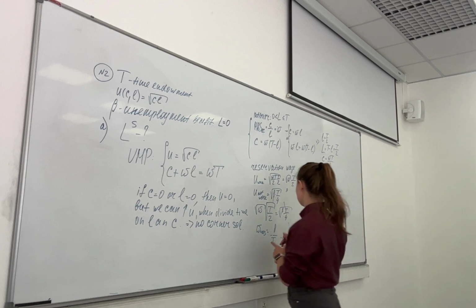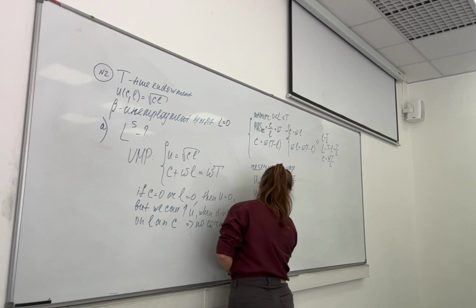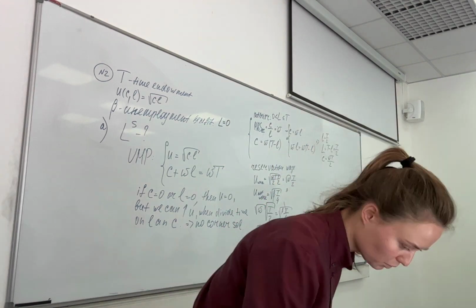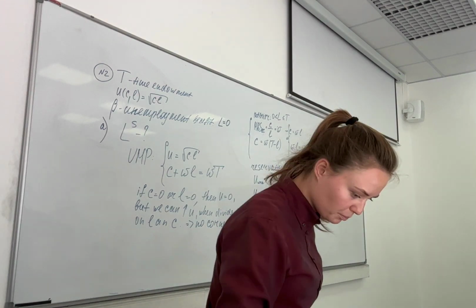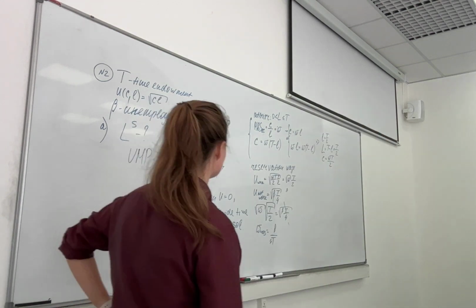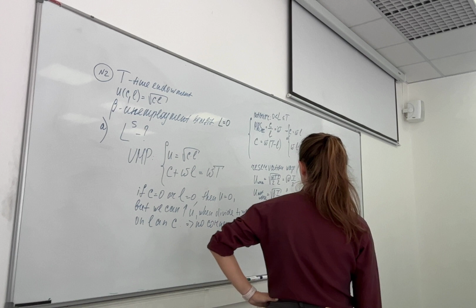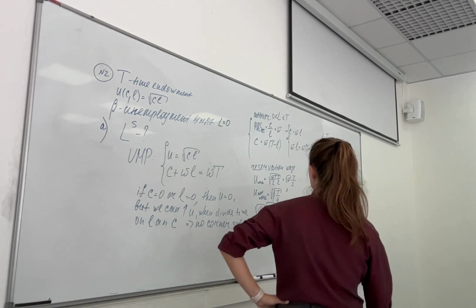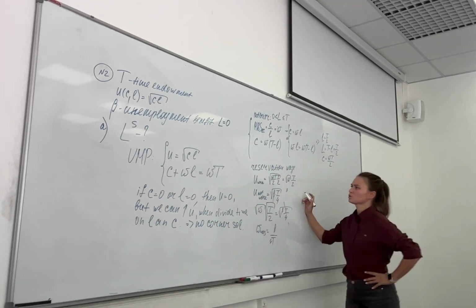Okay, here we solve for labor, over 4t. Let me check one more time. No, 4 beta over t it should be. Where is the mistake? Let me do it one more time.